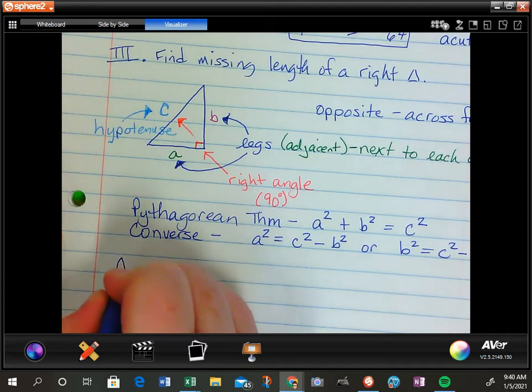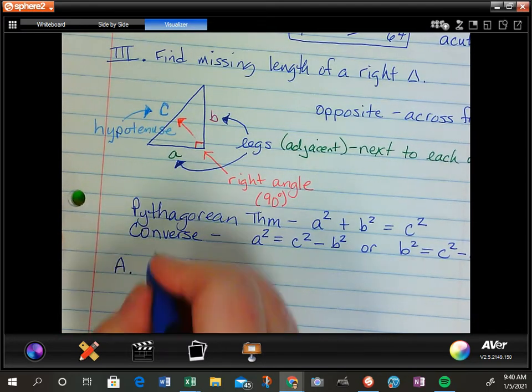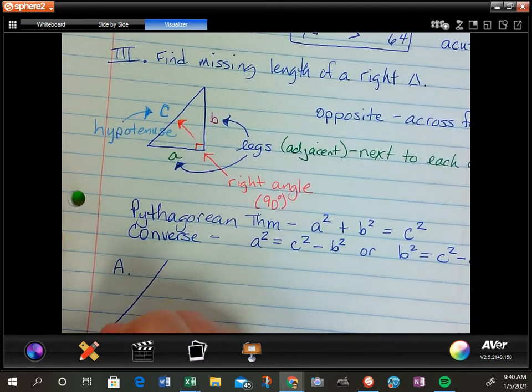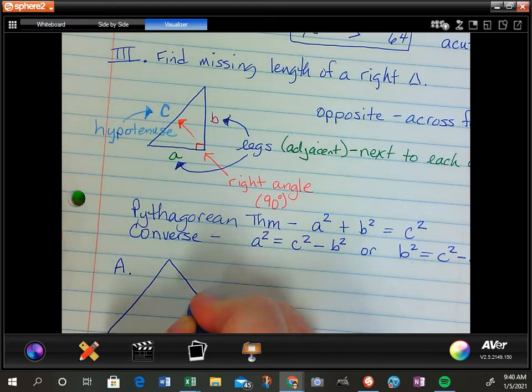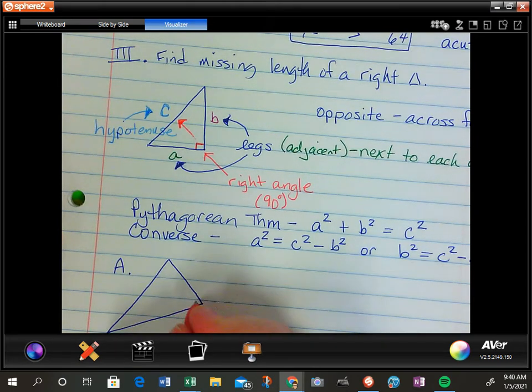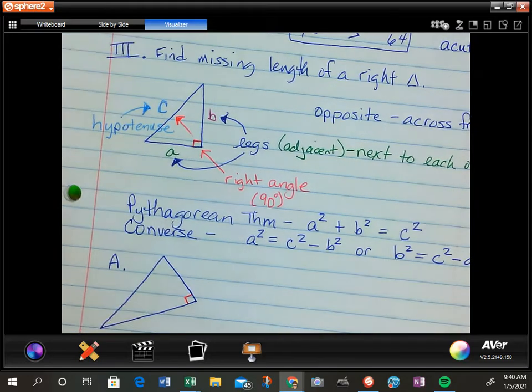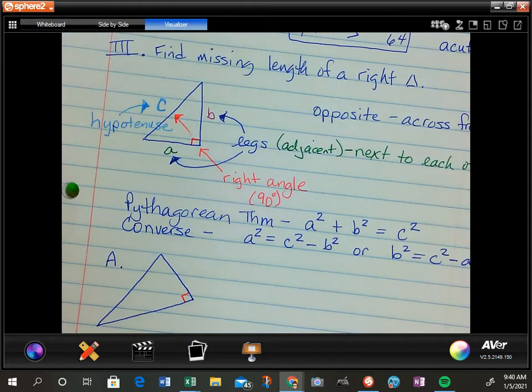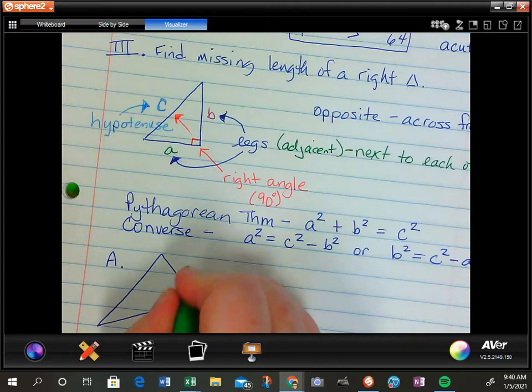Letter A. Got this triangle here. Doesn't look like a right triangle, but looks are deceiving when you're drawing them. Here is 9.